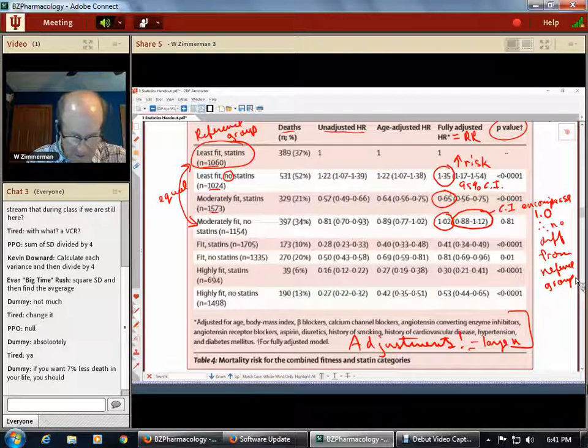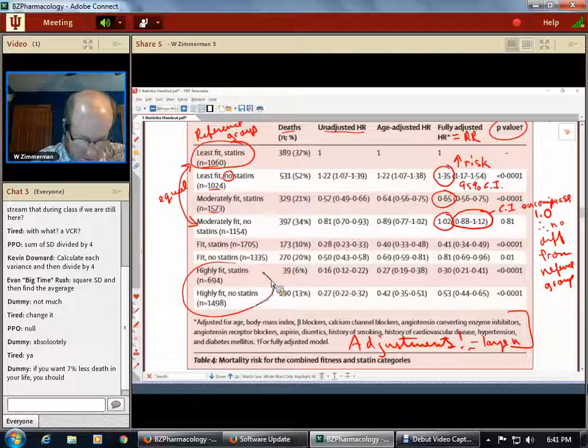Continuing on, fit statins, fit no statins. Let's see. Look at these last two groups. Highly fit statins versus highly fit no statins. First of all, no statins, look at that.